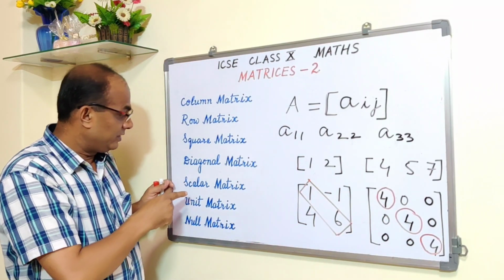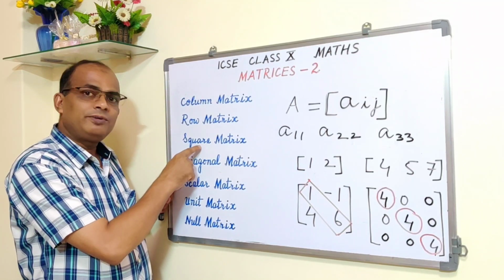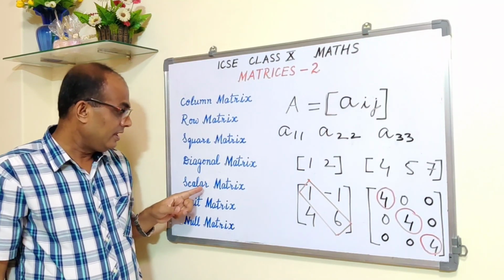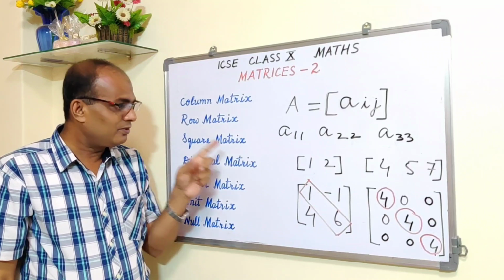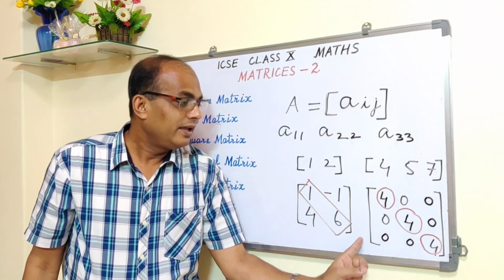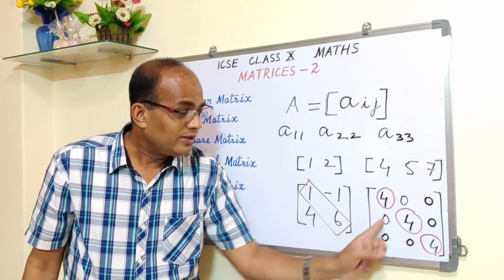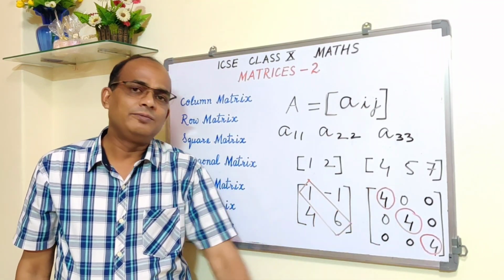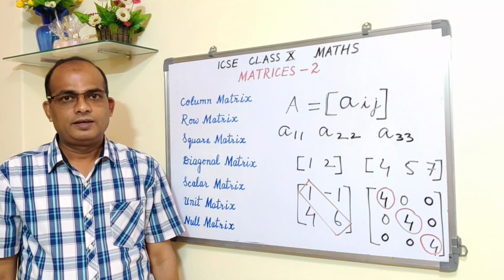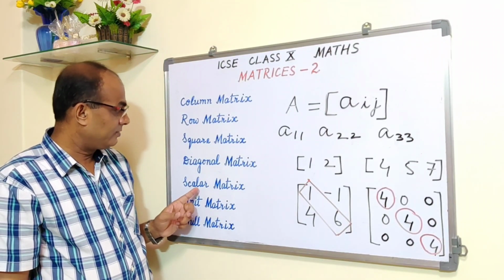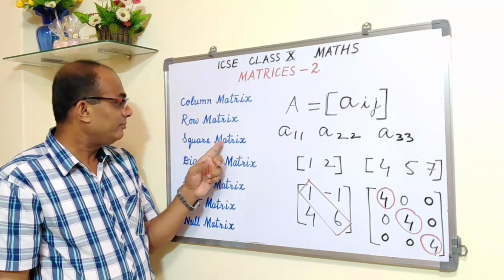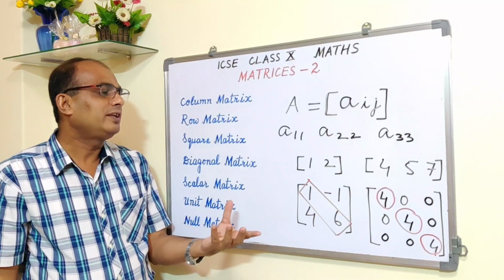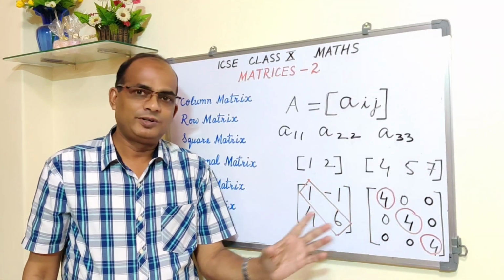And if you want to define a scalar matrix in terms of a square matrix, then you will say: a scalar matrix is a square matrix in which all the non-diagonal elements are 0 and the diagonal elements are the same. Because we are defining it in terms of a square matrix, you will have to say that the non-diagonal elements are 0.